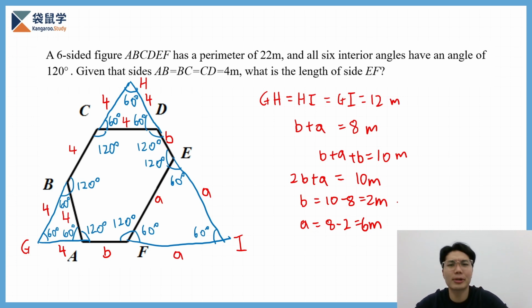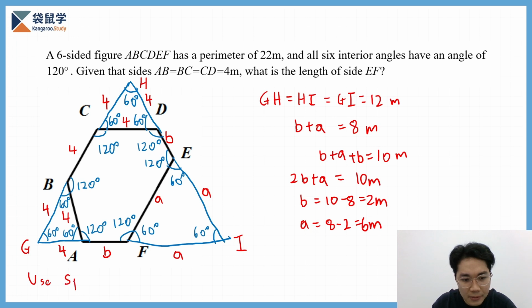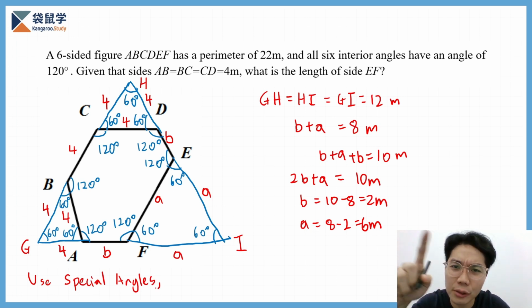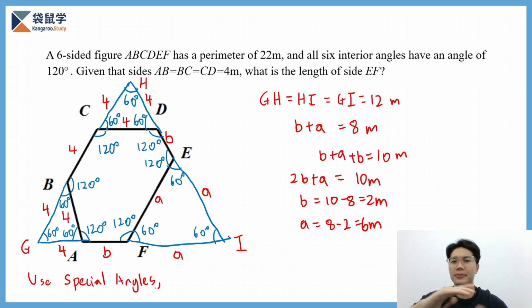Alright, so let's look at what we learned and have a summary. Okay, first, we notice that over here, this 120 degrees. Why does this question tell us this? Right? There's a special angle. So we use special angles. And after we use special angles, we can draw this line. You remember what it's called? It's called an auxiliary line. Hard to pronounce, right?